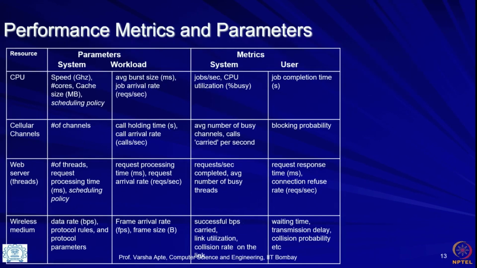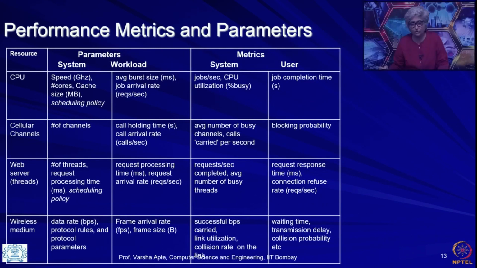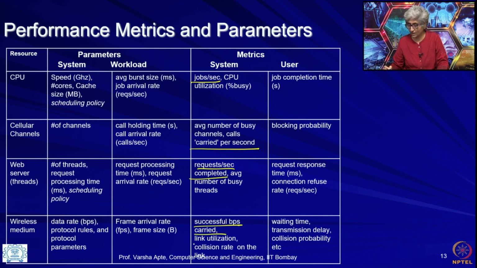As it turns out, actually you do not have to do this. If you stare at this table long enough and these metrics long enough, you will realize that there is a lot of similarity in some essence between all of these things. So, for looking at the metrics, for example, here I have jobs per second, I have calls carried per second, I have requests completed per second, I have successful bits per second.